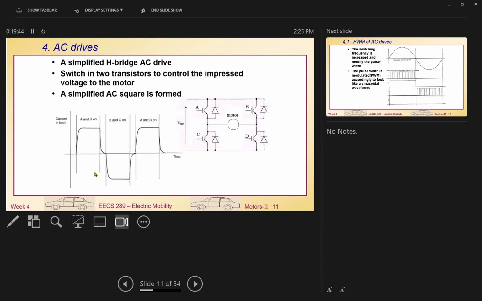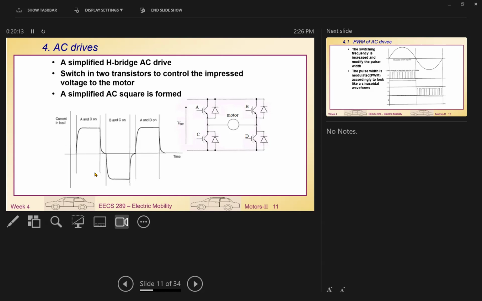For instance, if you turn on A and D, then the motor voltage across these two will become like this. And then you turn on B and C, the motor voltage will be reversed and so on. So that's how you can program a square wave to excite the motor. You can see that it is a square wave, but still an AC waveform, just a square-wave AC.